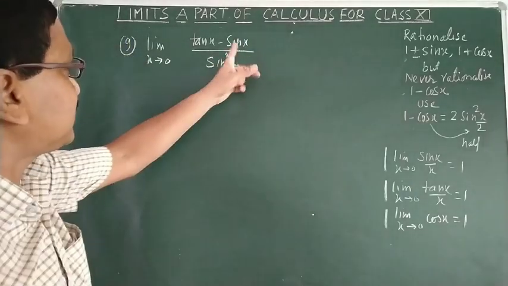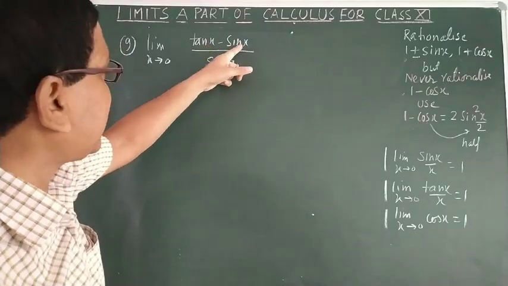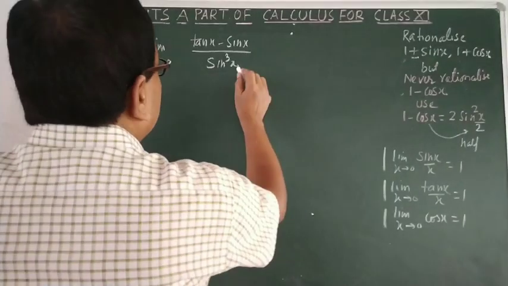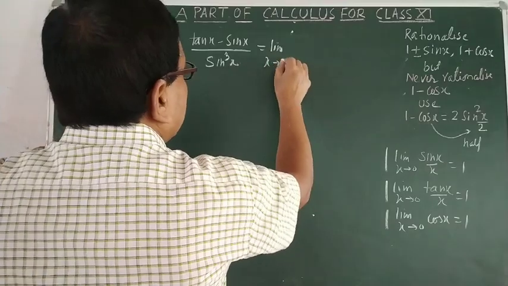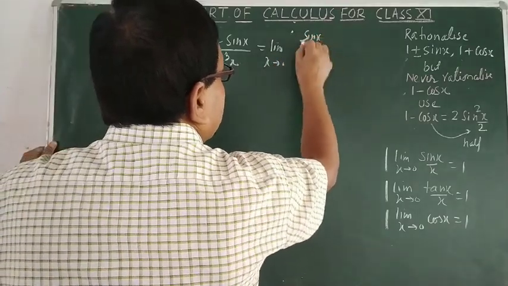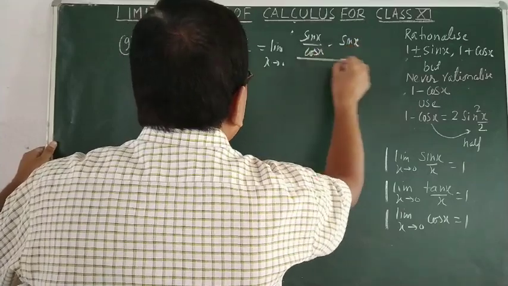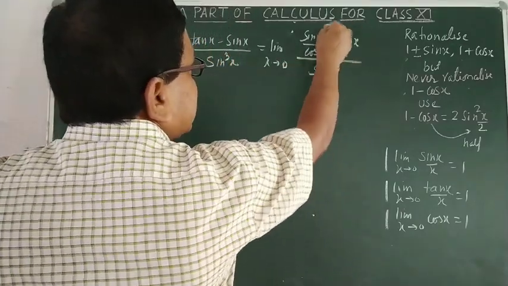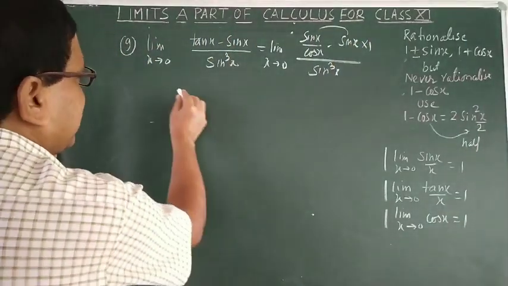Students, tan is sine by cos. So sine can be taken common. Remember in your brain. So this is equal to limit x tends to 0, sin x by cos x minus sin x, by sin cube x. So one sine is common. Common must be taken first.